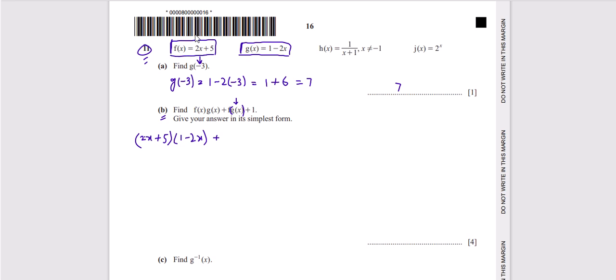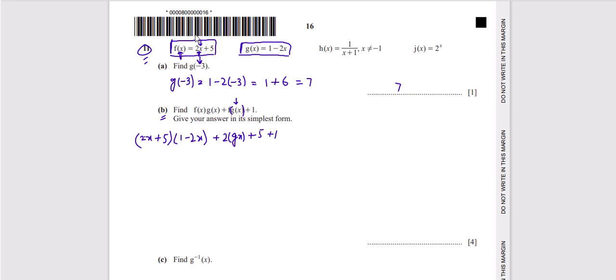The x value is g of x. Here put g of x, so 2 times g of x, plus 5, and at the end plus 1.